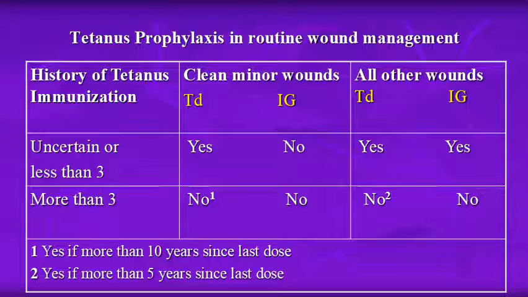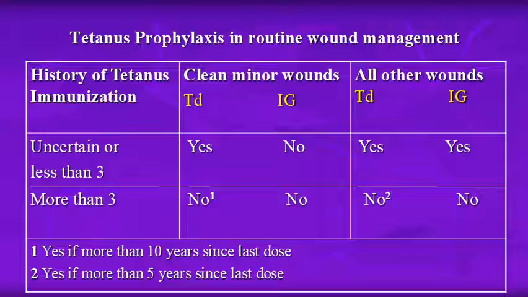And as you know, tetanus toxoid means vaccine, while immunoglobulin means passive immunity, ready-made antibodies. So, of course, the ready-made antibodies are faster than the vaccine, because the vaccine will induce an immunological reaction, which takes time, of course, a few days.